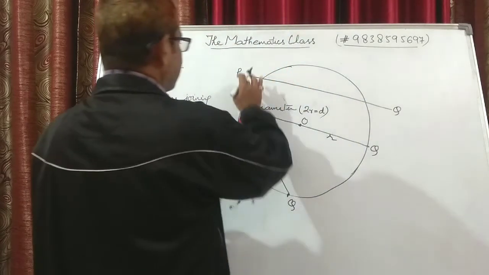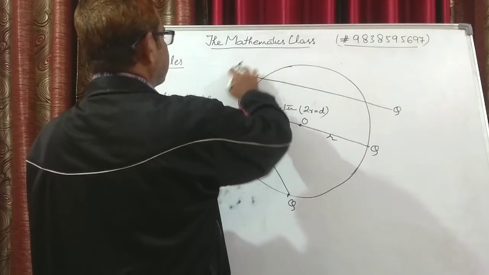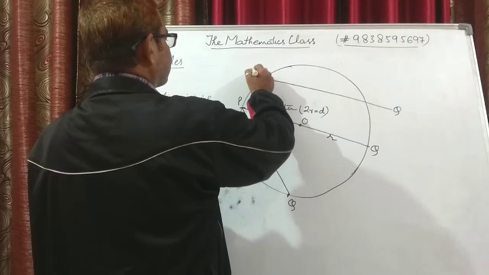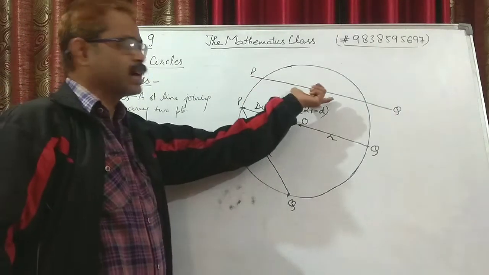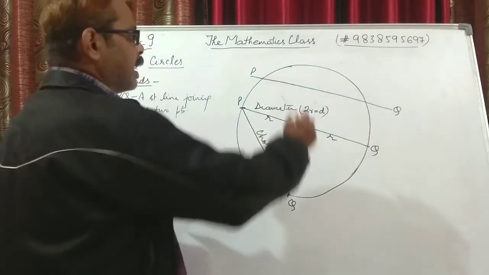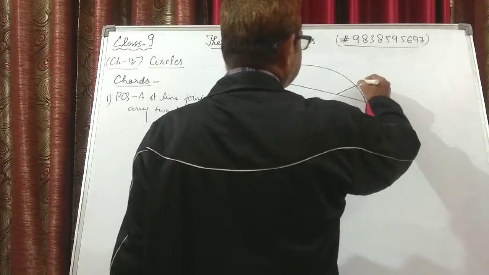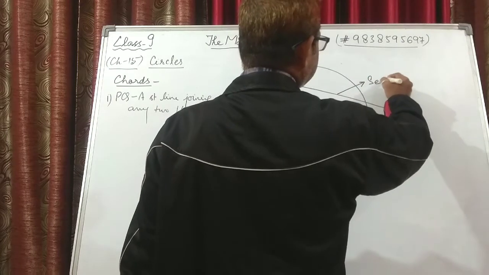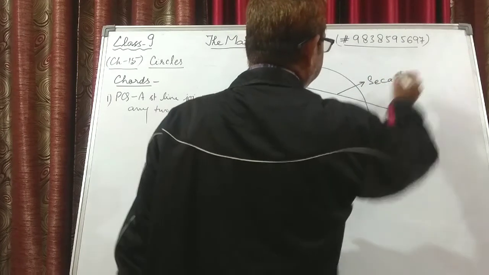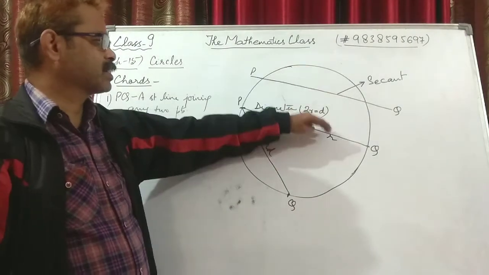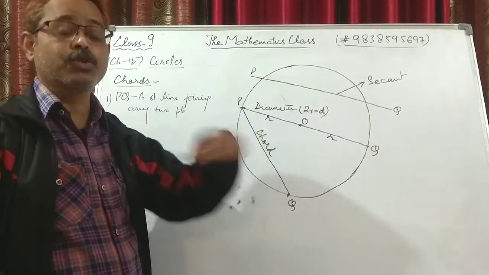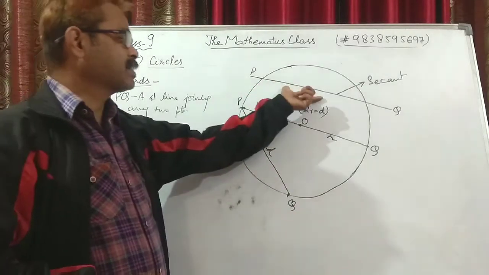At the same time, point P will also become out of the circle, but still it is a line. So this type of line is known as secant in the circle. Secant in the circle means a line which is not a chord, but it divides the circle into 2 parts.